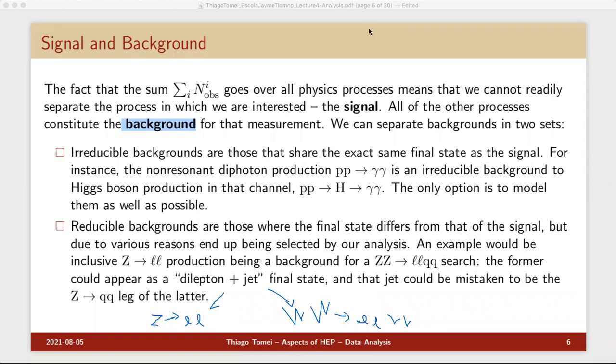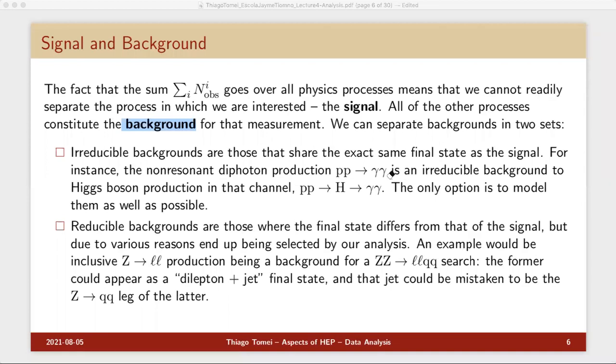And then we're going to split the backgrounds into two kinds. Irreducible backgrounds, which have the exact same final state. So for instance, non-resonant diphoton production is an irreducible background to Higgs boson production and decay in that channel.